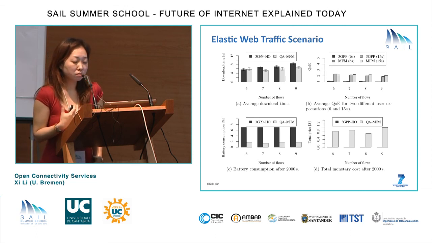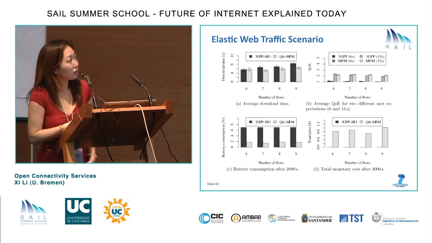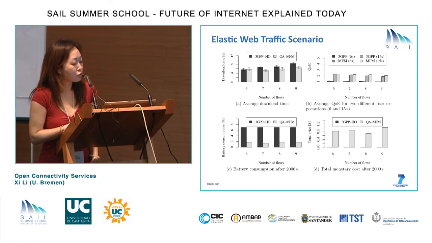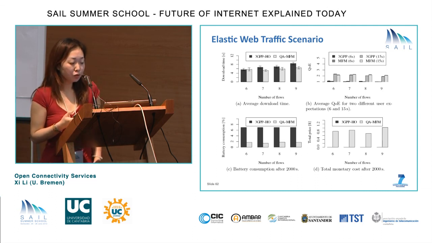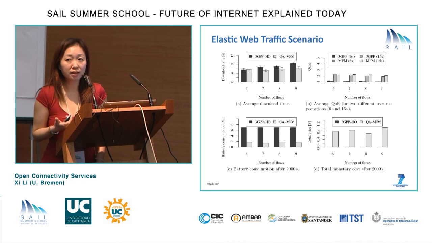So this gives us future work to do, on how we select the appropriate expectation value for the user, which will have a big impact on the overall quality of experience. In addition, we can also see our proposed approach has quite a lot of improvement in the battery consumption in this case, because in this scenario, the user has both connections, wireless LAN and LTE network.